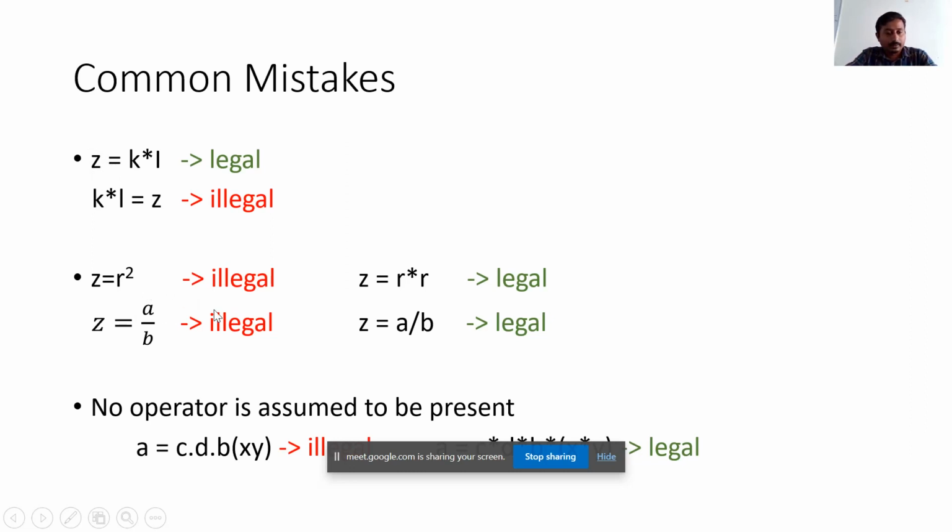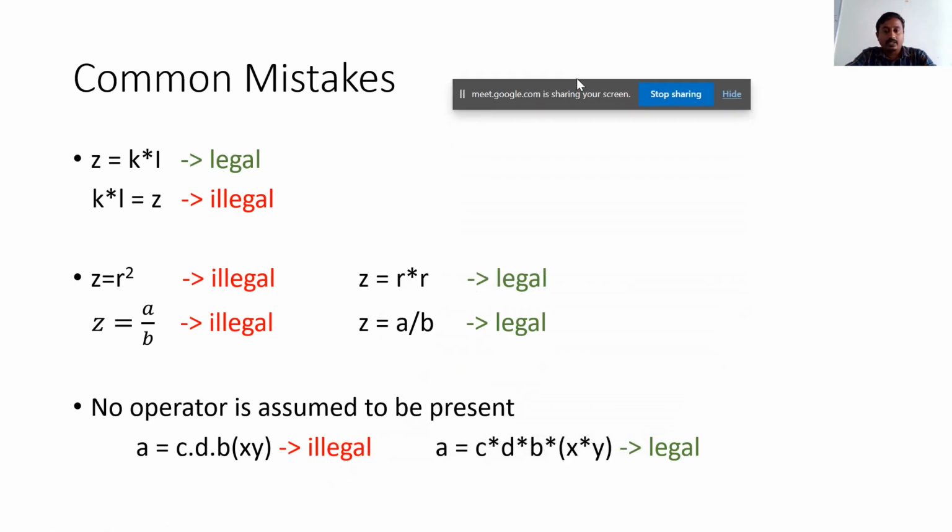The second illegal expressions are z equals r square and z equals a by b. We don't have such operators in programming, so we cannot write such expressions. The legal versions are z equals r into r, or z equals a divided by b. We have this operator in C or any other language.